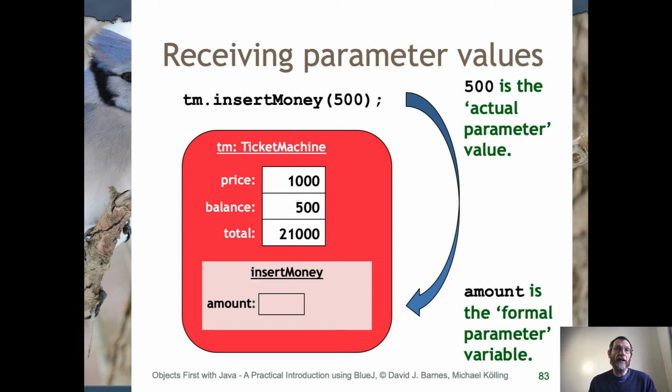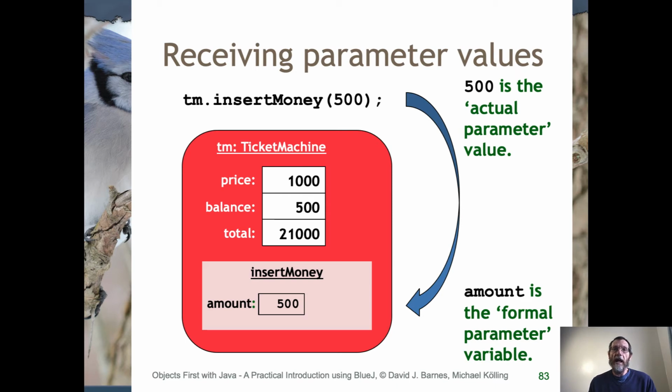So it's a similar kind of copy operation as we saw with assignment, and then that formal parameter will now contain the received value, and that parameter value can be used inside the body of the insert money method until the end of the method is reached, at which point that formal parameter amount will be discarded, and any future calls to the insert money method will result in a completely new version of the formal parameter being created that will receive its actual parameter value.